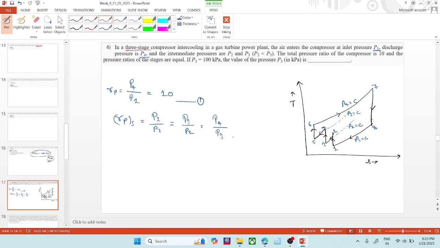P4 by P3. Also given that P1 is equal to 100 kPa. Okay, so these are the things which are given.